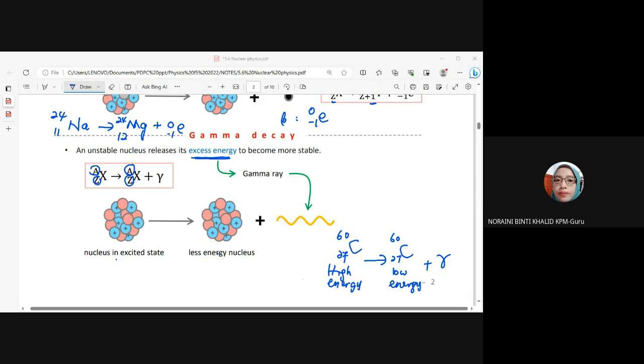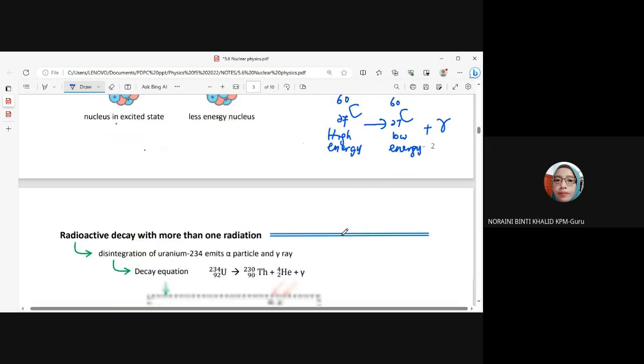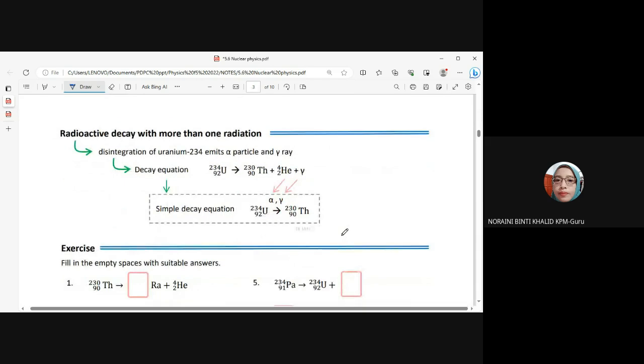Okay, ada soalan? Okay, we go to next one. Radioactive decay sometimes not just releases one particle or one type of radiation. Example, uranium-234 decays to become thorium-230.